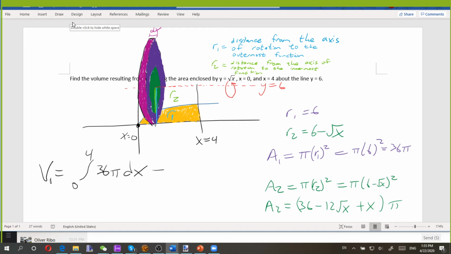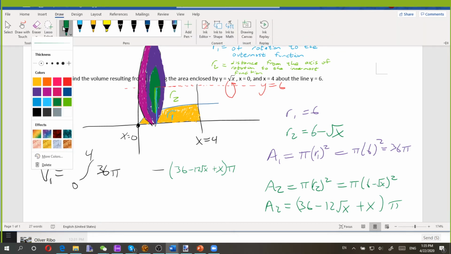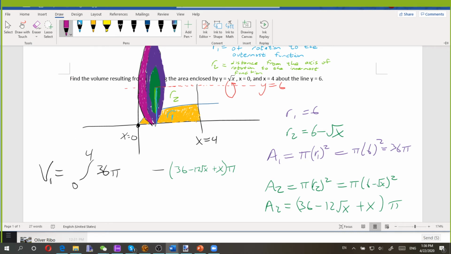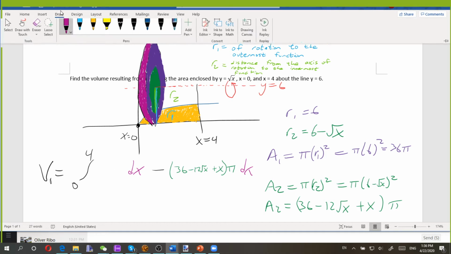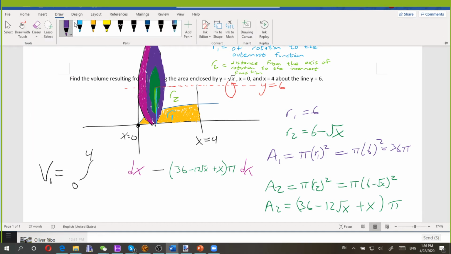Pi r squared, this part's the r squared, but I didn't multiply by the pi, so I've got my area 1 here, minus my area 2. 36 minus 12 root x plus x times pi, also in terms of x. I guess I'll write that out for now. dx, and this 36 pi came from my area of the purple disk.